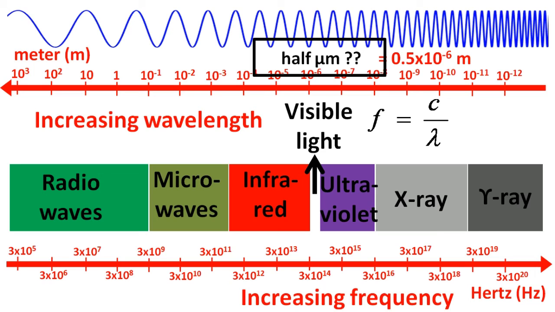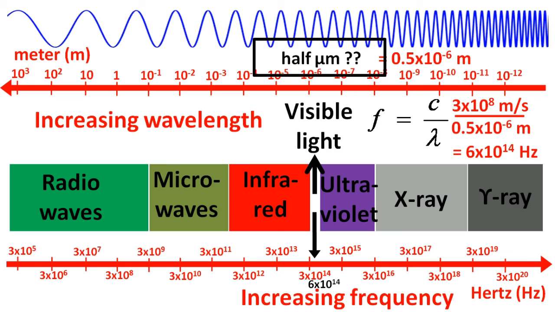So the frequency is the speed of light, which is 3 times 10 to power 8 meters per second, divided by the wavelength, which is 0.5 times 10 to power minus 6 meters, and that gives 6 times 10 raised to power 14 Hz. Somewhere there in the electromagnetic spectrum.